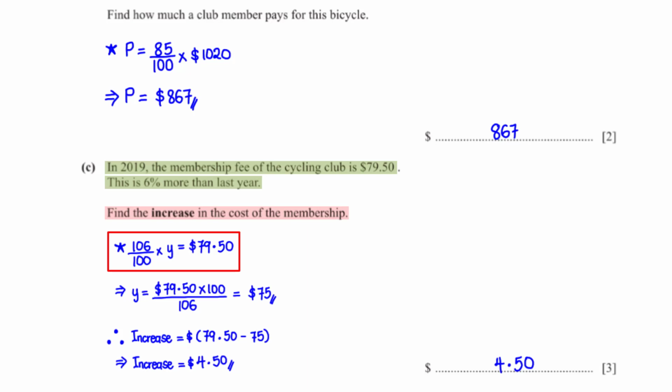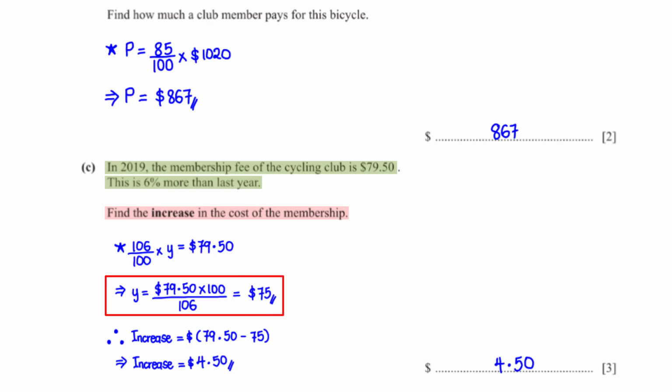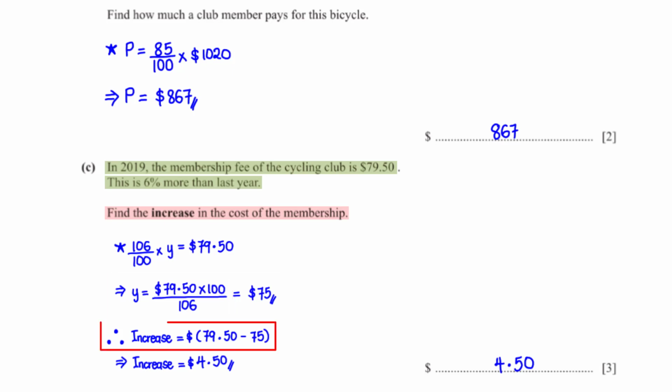When we make Y the subject, this is what we have. When we type this into the calculator, we get $75. Therefore, the increase will be $79.50 minus $75, which is equal to $4.50.